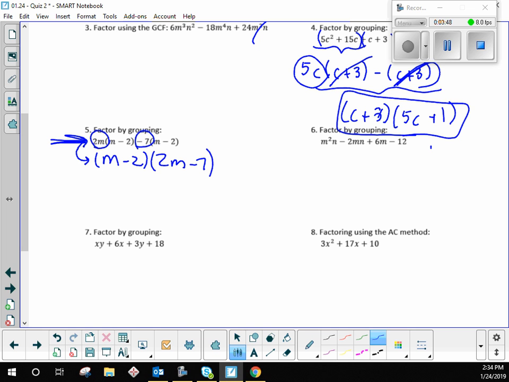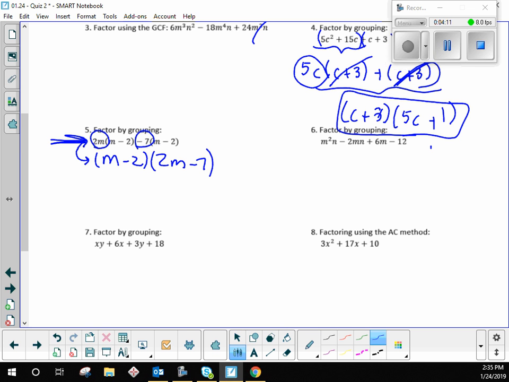Yes, because, well, where would the minus come from? No, I think it should be. Oh, right here, this is a plus? This is a plus. This is a plus. Okay, thank you. When I grouped it, then I thought it was a negative. This is a plus in the original problem.